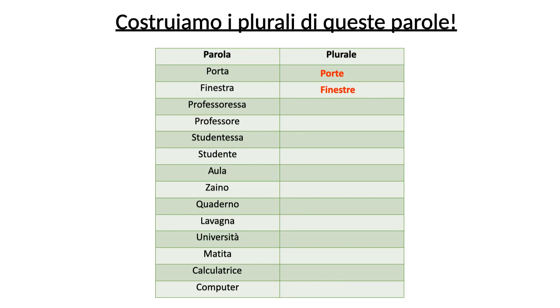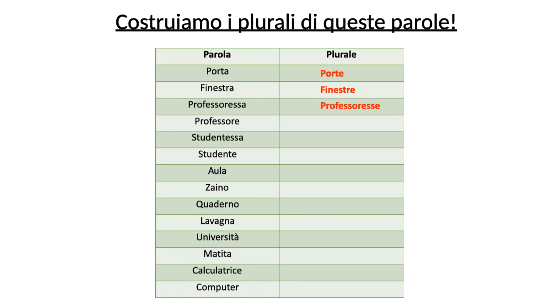Prossima parola, professoressa. Same rule. A goes to E. Professoresse. What am I saying? Remember, porta means door, porte means doors, finestra means window, finestre means windows. Professoressa means female professor, professoresse means female professors. Right? I'm just changing the singular for the plural.